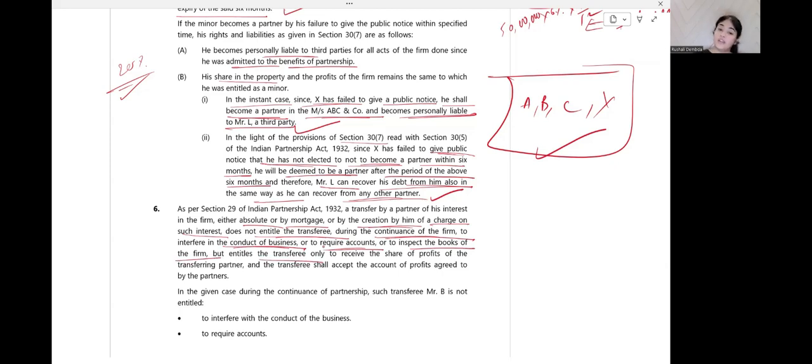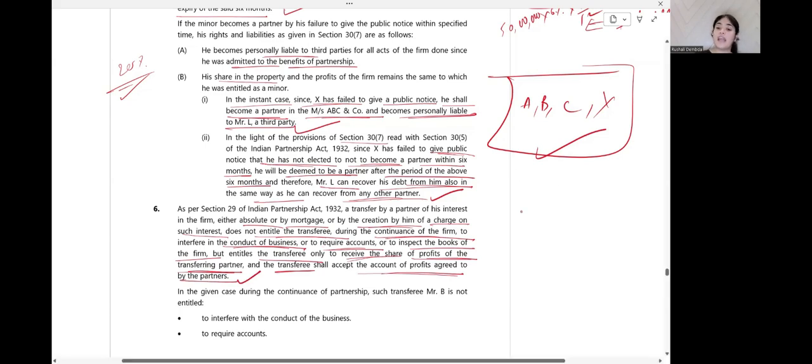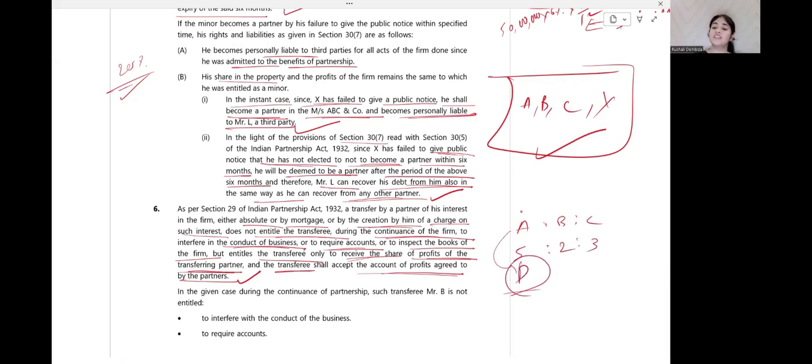But you are entitled to receive the share of profit. It entitles the transferee only to receive the share of profit of the transferring partner, and the transferee shall accept the account of profit agreed by the parties. Whatever was written in the agreement, that A, B, and C will be sharing the profit in 5:2:3, and now A transferred to P, P will have to accept the 5/10th share of the profit.